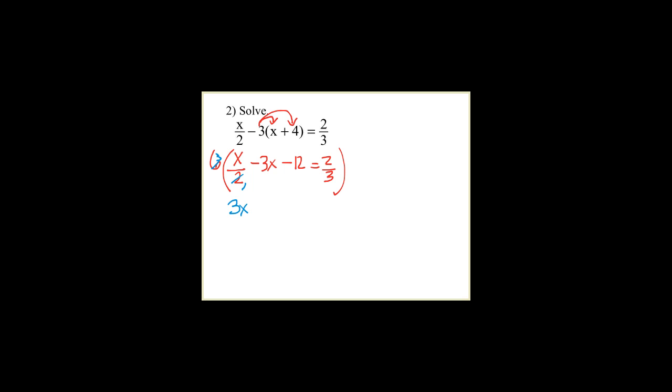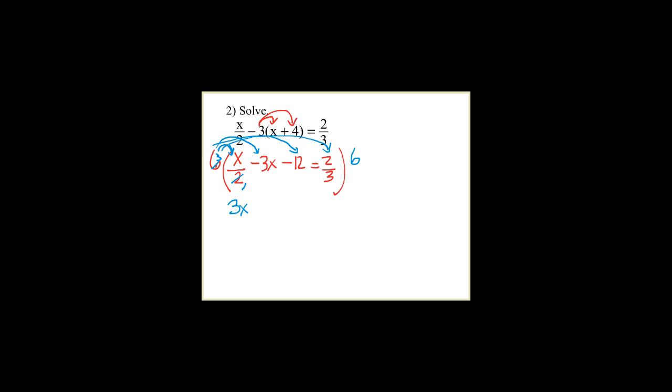And now I have to redistribute. I'm not only distributing here, but I have to distribute the 6 here. Everything has to be multiplied by 6. I have to distribute it here and here. You can write it on this side too if you want. All right, so now I'm left with 3x.